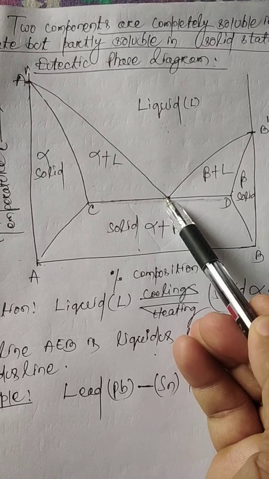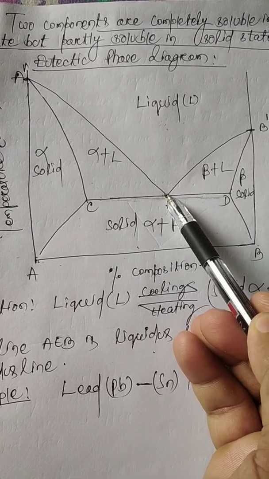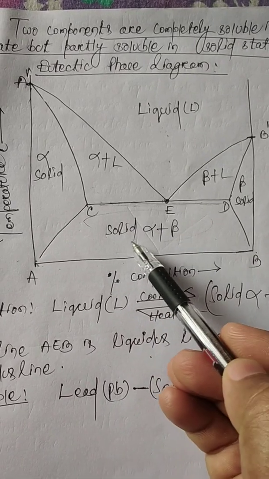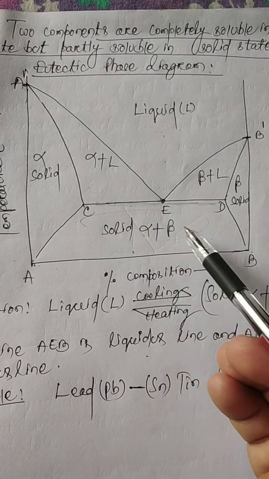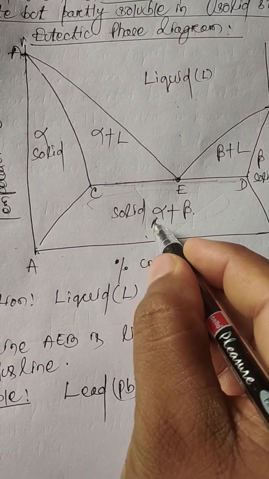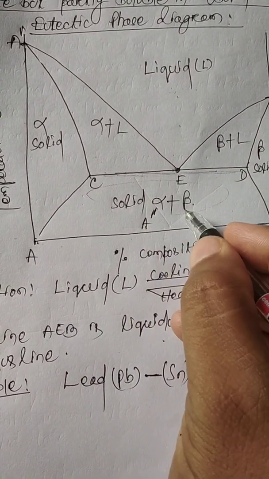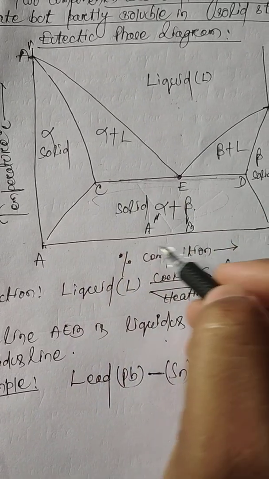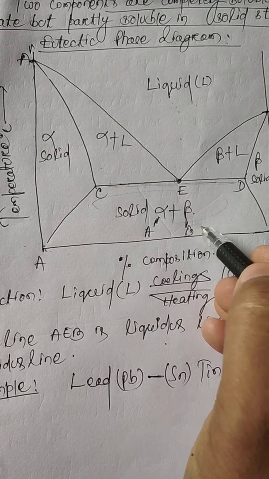At this temperature and point, the liquid phase is directly converted to both solids, solid alpha and solid beta. Alpha means A and beta means B. This is the alloy form of components A and B.